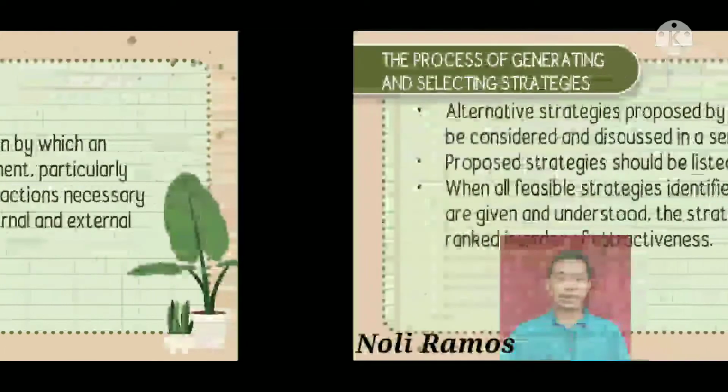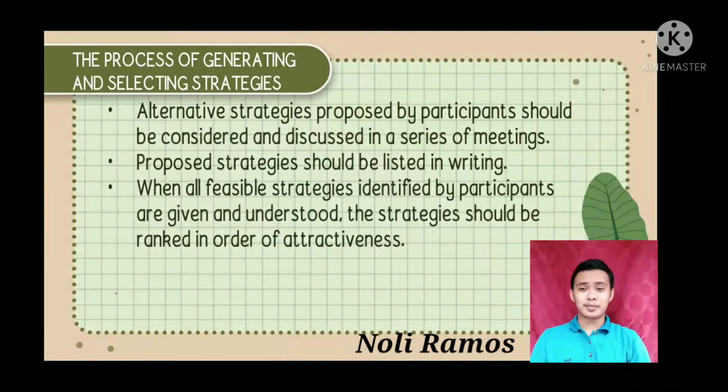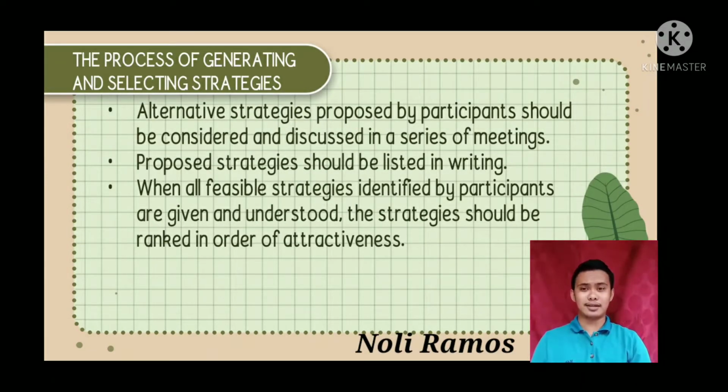an industry. The process of generating and selecting strategies never considers all feasible alternatives that could benefit the firm because there are an infinite number of possible actions, an infinite number of ways to implement those actions.